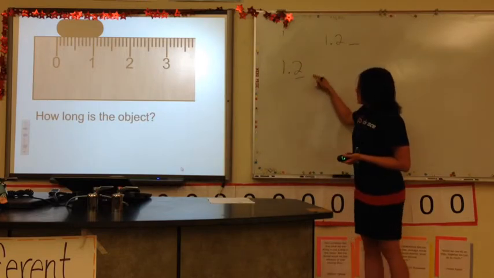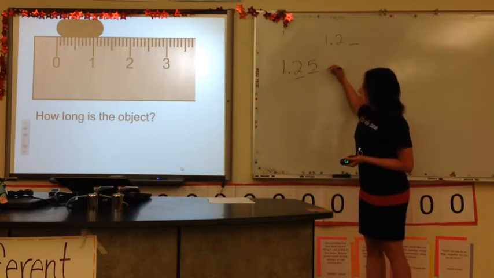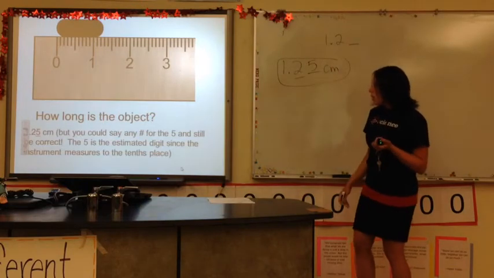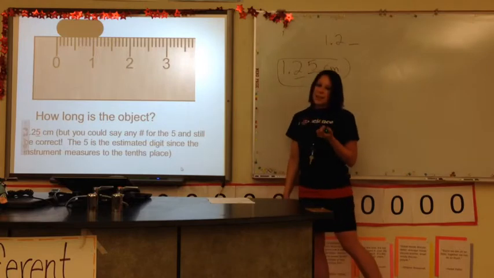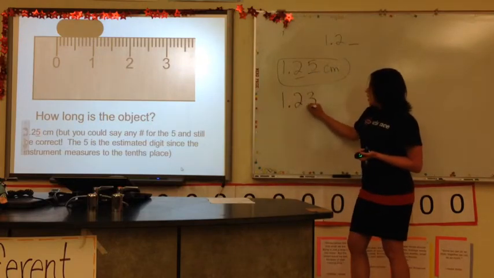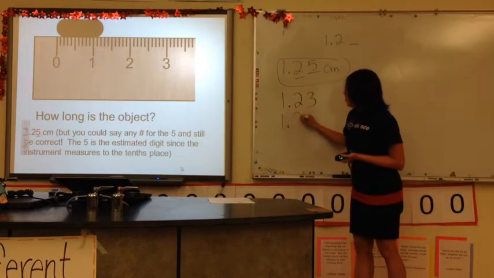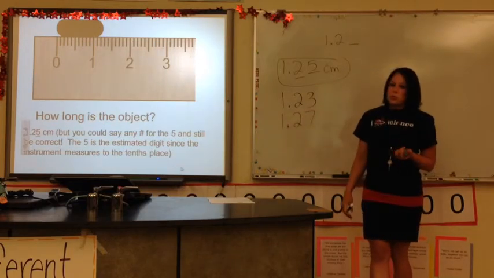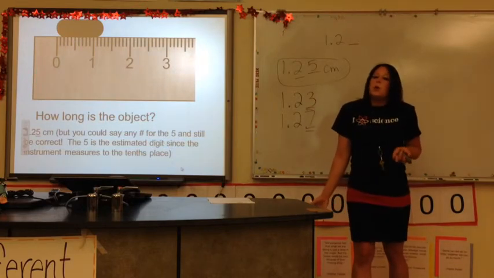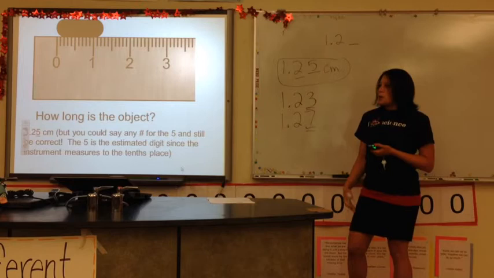So you would want to estimate out one more digit. So maybe 1.25 centimeters, for example. Well, you could really say anything instead of that 5, and you would still be just fine in your answer. Maybe you said 1.23, maybe you said 1.27. Okay, because again, that last digit is uncertain, and so it's not going to match maybe your lab partners.